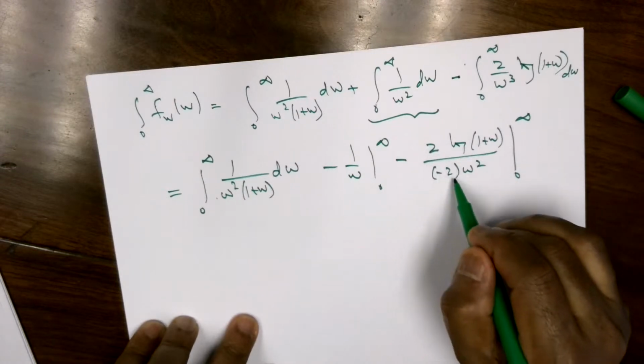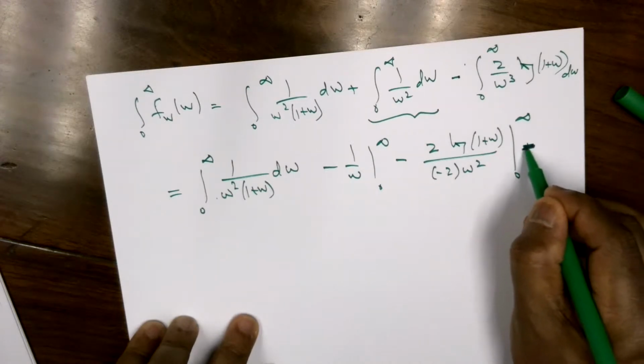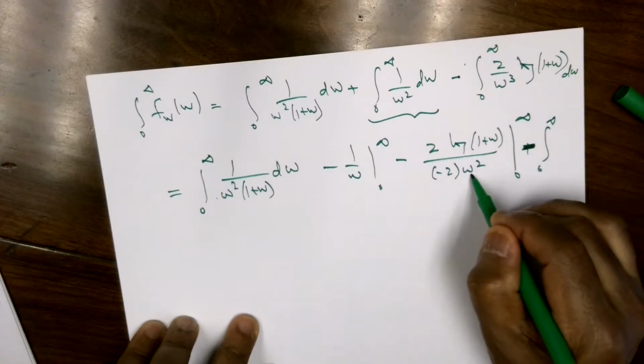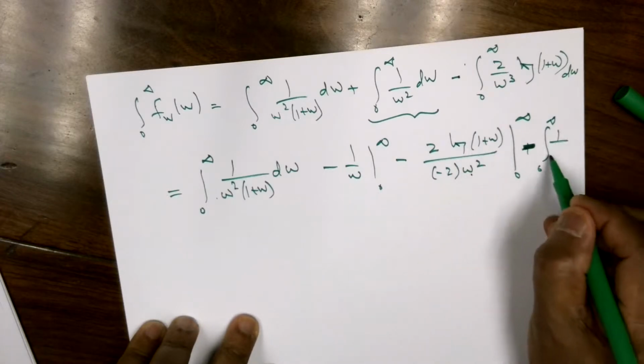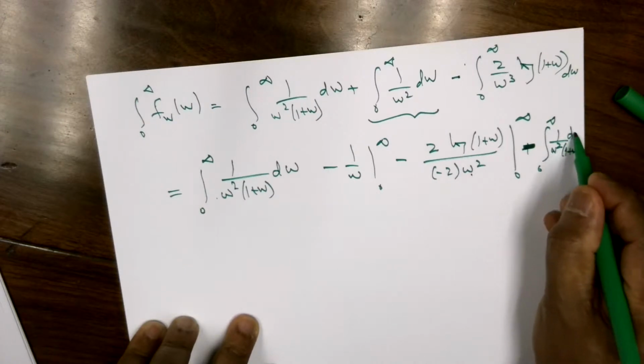Minus minus becomes plus, and the 2 cancels. So the last term is minus the integral from 0 to infinity of 1 over w squared, which stays, and the derivative of this, 1 over w squared multiplied by 1 plus w, dw.